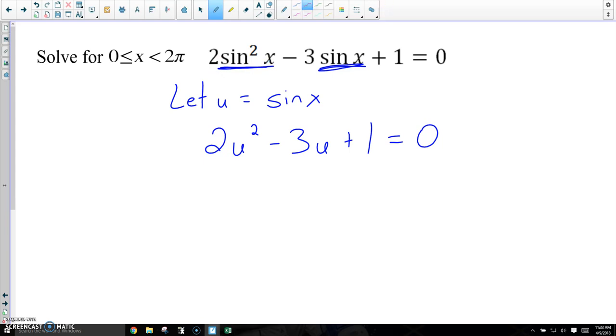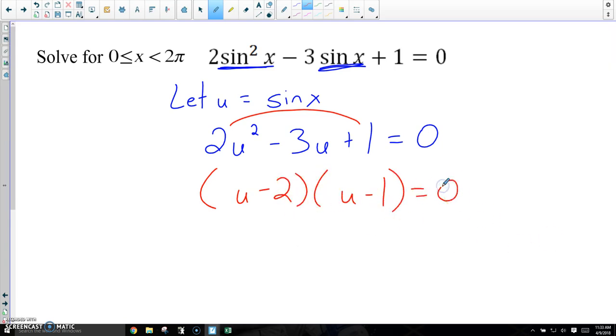Now we can do bottoms up factoring. So 2 times 1 is 2. Factors of 2 that add up to be negative 3 are negative 2 and negative 1. Then we remember to put both of those over top of your a value. This simplifies to be 1, and this bottom comes up.